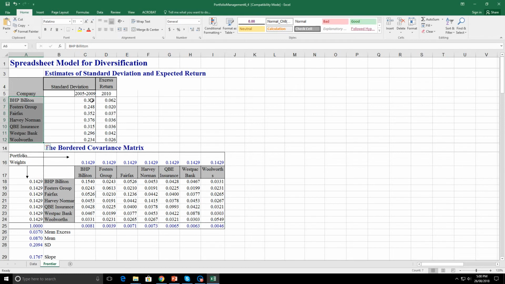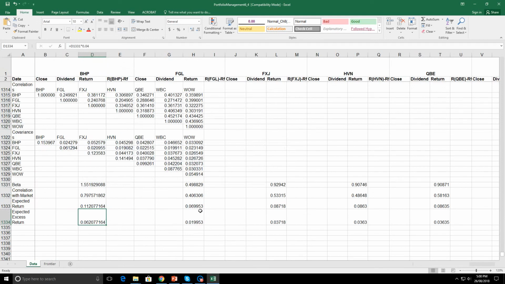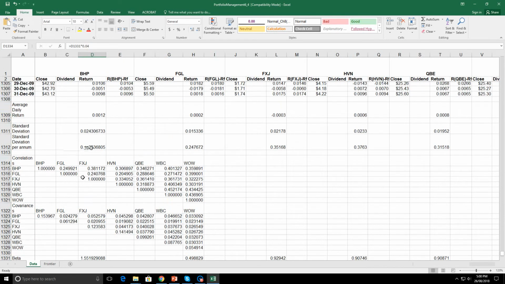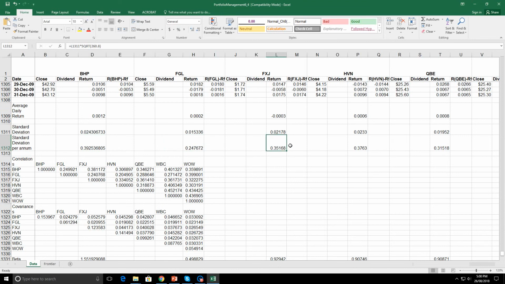First of all, what we have is the annualized standard deviation and the excess return for the 7 stocks. They came from the last video, where we calculated the annualized standard deviation for each of these stocks. For example, for BHP, the annualized standard deviation was 0.39.